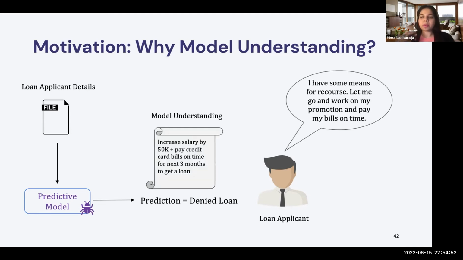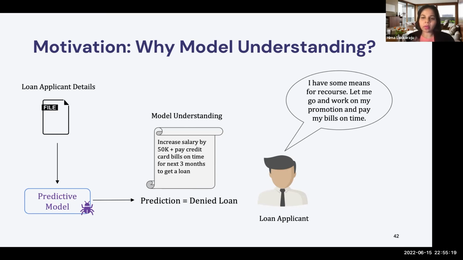So just providing that input of your loan has been denied is not very useful to the applicant, but instead, if we provide more understanding as to what the applicant can do, for example, increase your salary by some amount and then pay your credit card bills on time for the next 3 months to get a loan, if we say that to the applicant, then they do have a means for recourse, right?